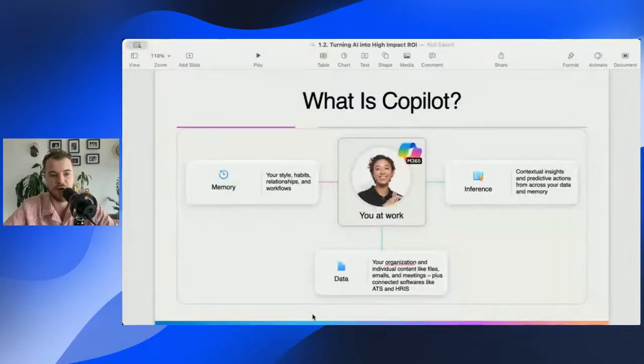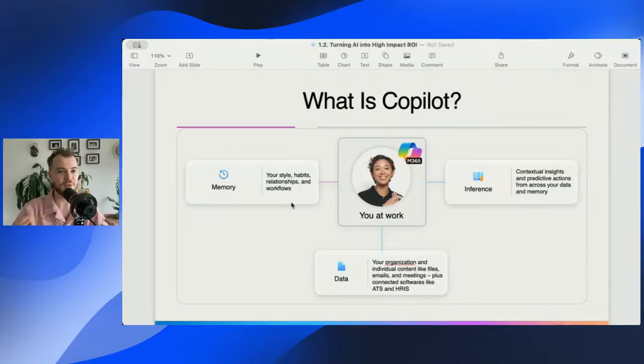A lot of users of Copilot are treating it like a ChatGPT style chatbot where you ask it questions or you ask it to write content for you. And it can absolutely do that. That's one of the core functions and really the base of its service. It's a large language model providing a chat interface for you to acquire and generate information.